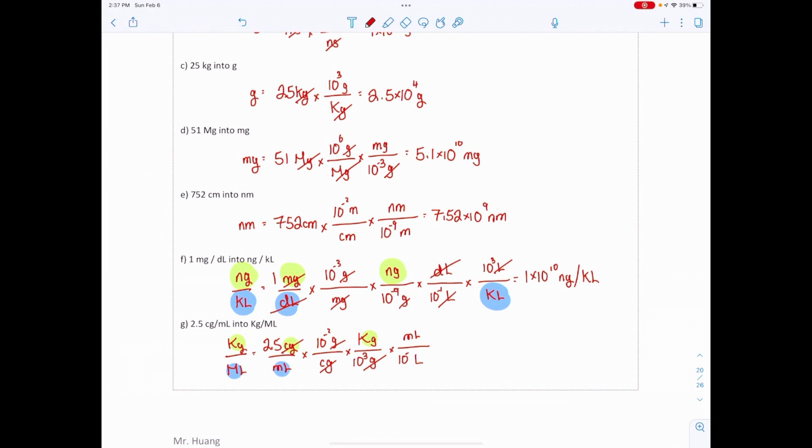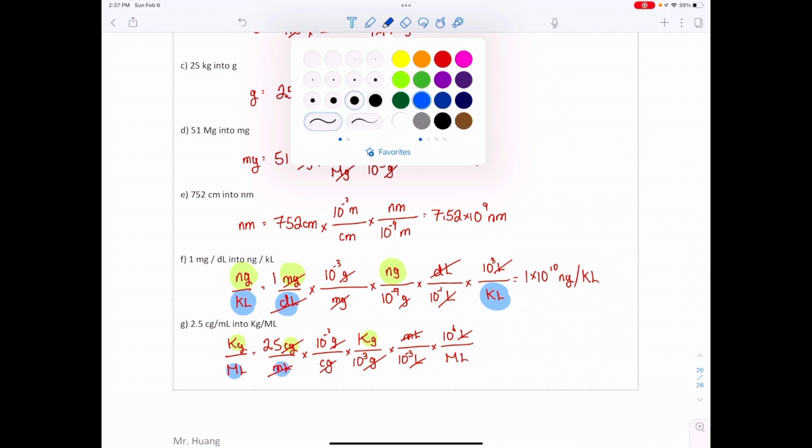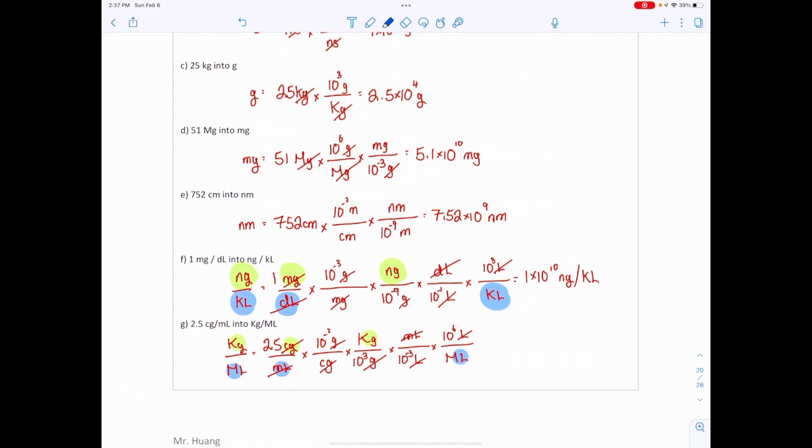Equivalent value. Then I am going to get rid of liters and go into megaliters, and then equivalent value. That allows me to cancel out my units so that at the bottom I am left with megaliters, which is what I want.